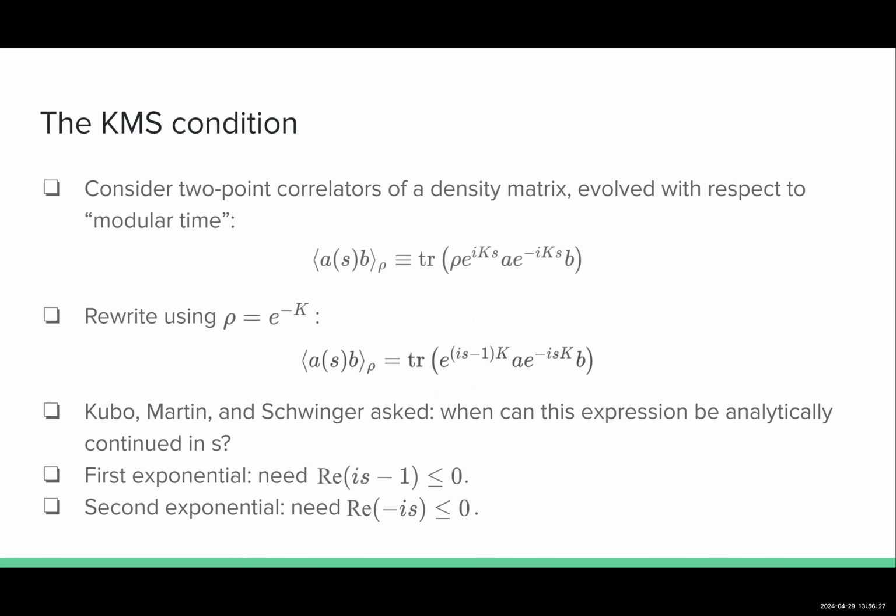Before we look at the conditions, I want to say there's a little bit of sleight of hand, which is that you can't directly export the expression that I wrote here to a general setting. Even though I can talk about this correlation function without mentioning the density matrix, the density matrix doesn't make sense in all settings, it's UV divergent in the continuum. What I really want to do is rewrite this expression in a way that deals with the purification of the density matrix.